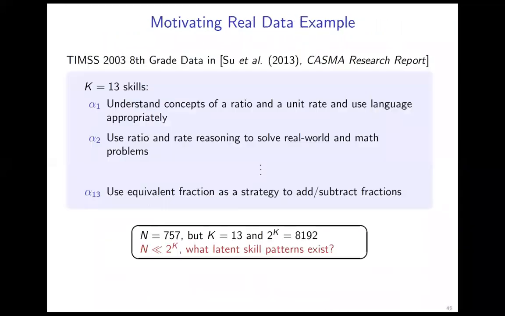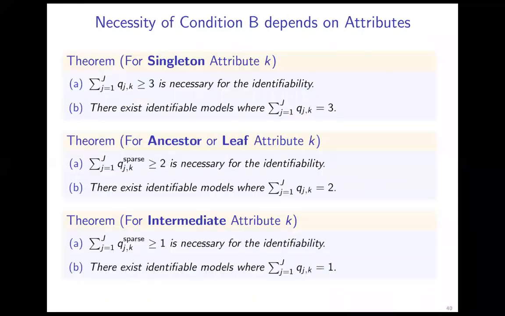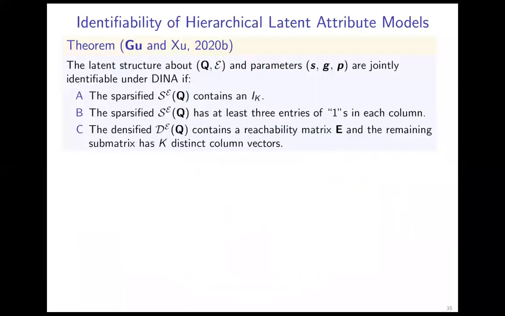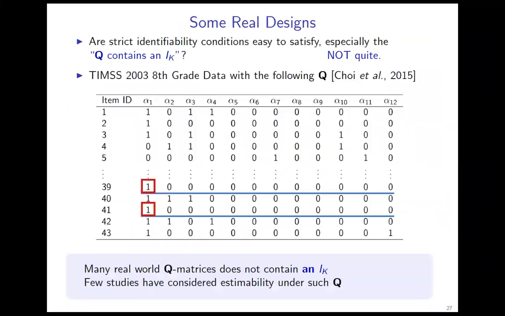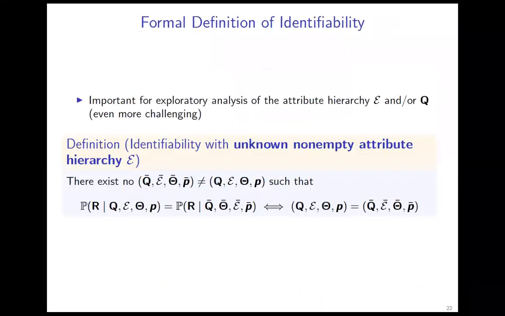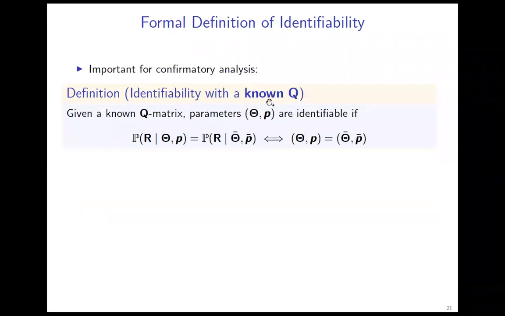I didn't mention it, but first, I introduced 3 types of identifiability definitions. The first is if a Q matrix is known, and we study when the parameters can be identifiable.